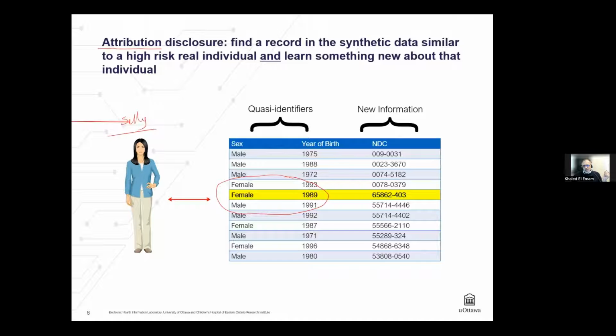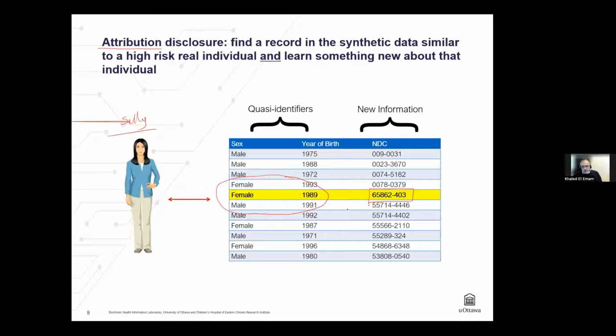So once we have a matching record, that's essentially a digital twin or a similar looking record to Sally on the quasi-identifiers, then we look at the new information. And if this new information, in this case the NDC, is correct, then we've learned something new about Sally from the synthetic data. And if the NDC value is not correct, then this is not really an attribution disclosure.